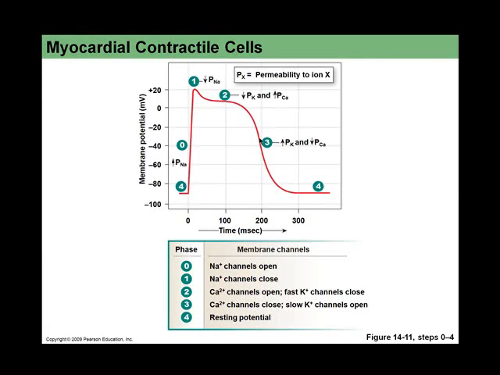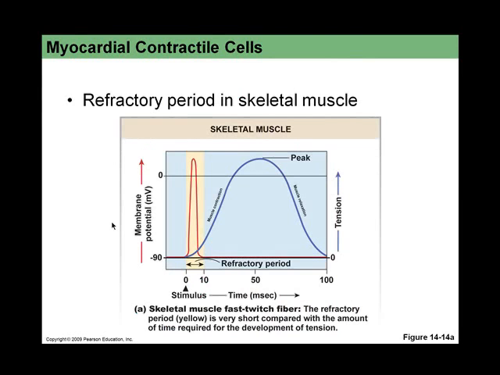The calcium will bring about, after its plateau, an opening of potassium channels, another set that's going to continue the repolarization phase back to the lowest level that we could consider as the resting membrane potential, the minus 90. And you certainly should recognize that the minus 90 is very close to the equilibrium potential for potassium.